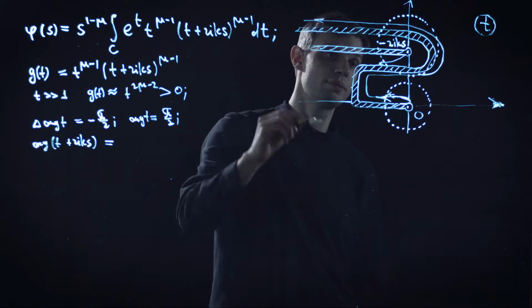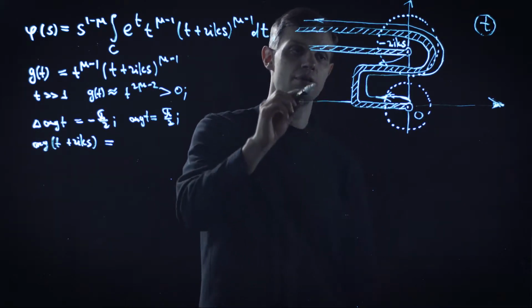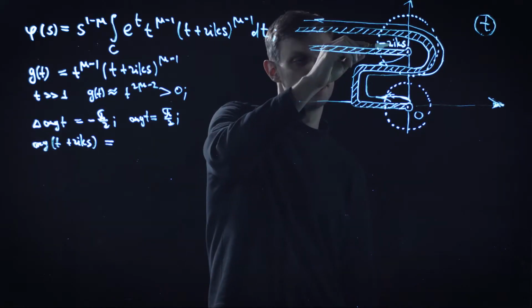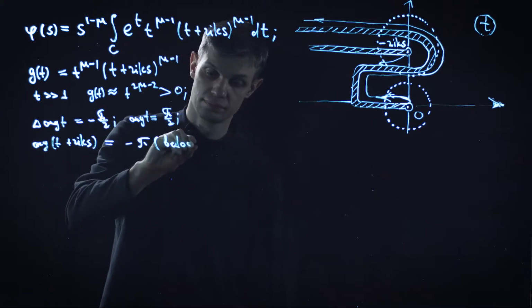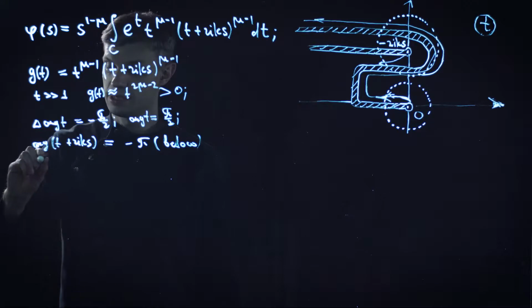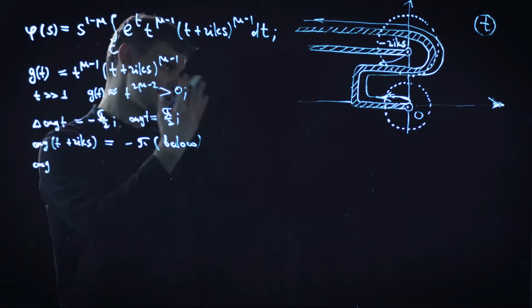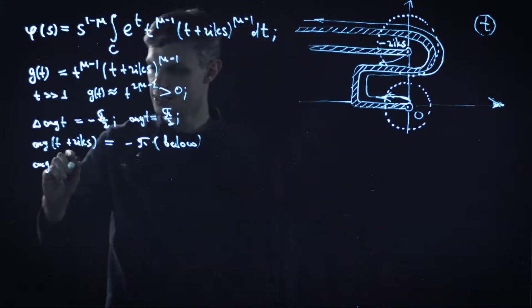Because it would be minus pi when the point was positioned here, and then when we slide upward, it's the same minus pi. And when we are above the branch cut, it's minus pi plus 2 pi. It makes the full rotation and slides again to minus infinity.